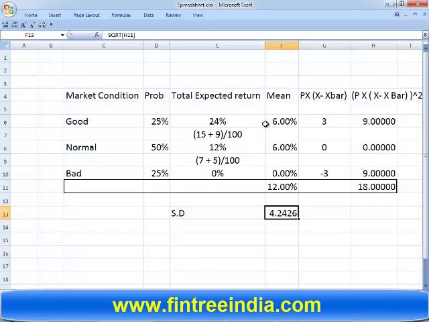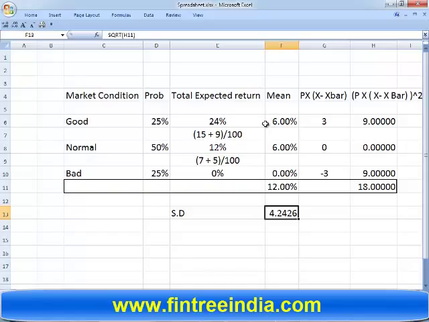So the formula of standard deviation is the root of probability into deviation square, right? In this case we have taken the square, so this term comes out to be p square into the deviation square.